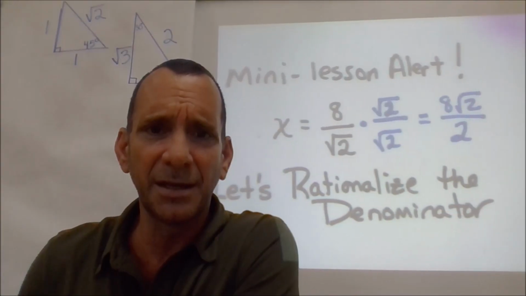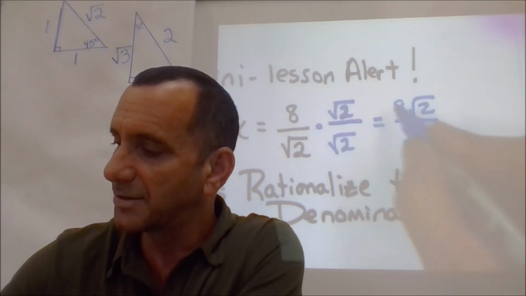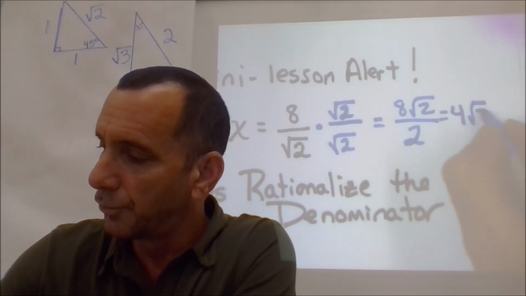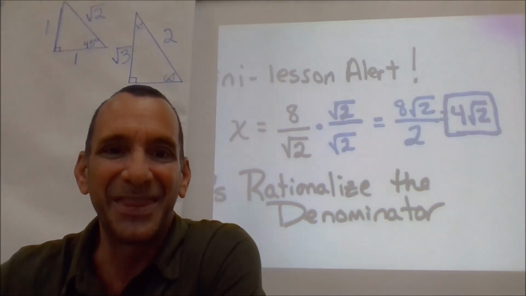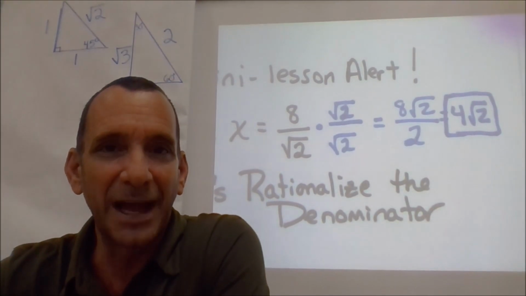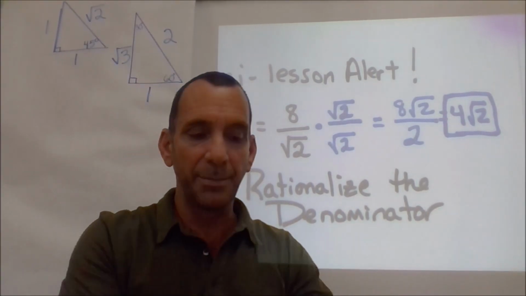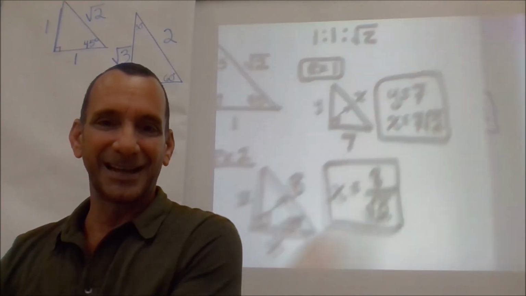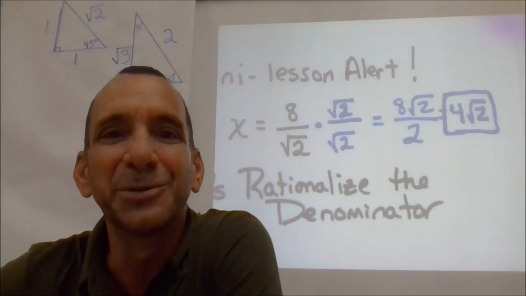I sure can, and all I'm going to do is come over here, 8 square root of 2. I'm going to cancel that 2, and that is a 4 square root of 2. That's the simplified radical form of the original problem. 8 over square root of 2 is 4 times the square root of 2.